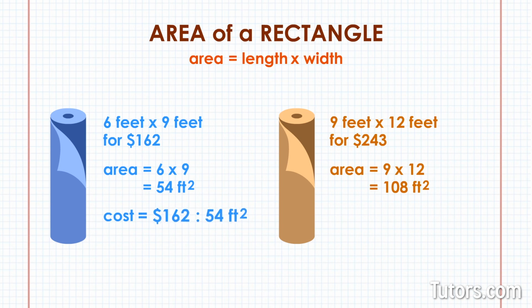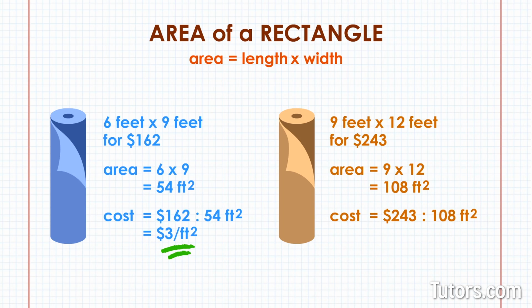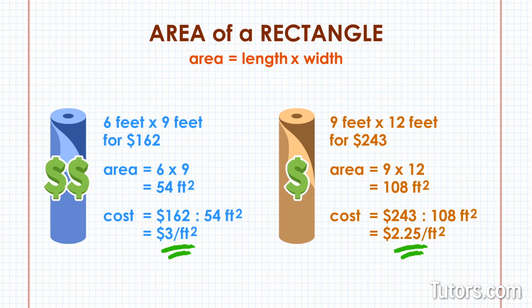Blue rug's cost of $162 divided by 54 square feet equals $3 per square foot. Brown rug's cost of $243 divided by 108 square feet equals $2.25 per square foot. The brown rug cost less per square foot. Knowing how to find the area of a rectangle helped you save money.